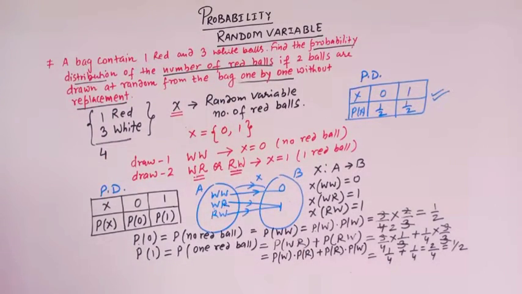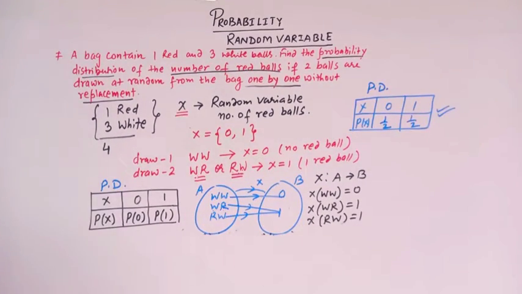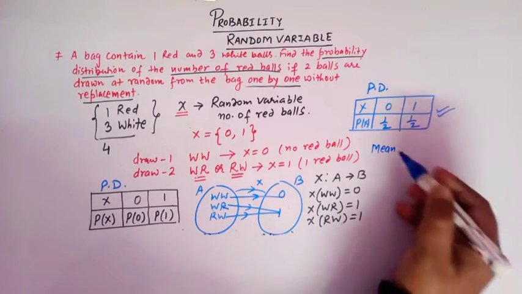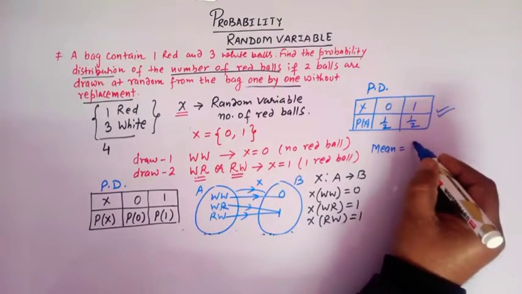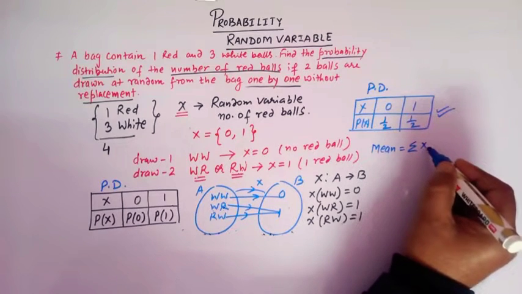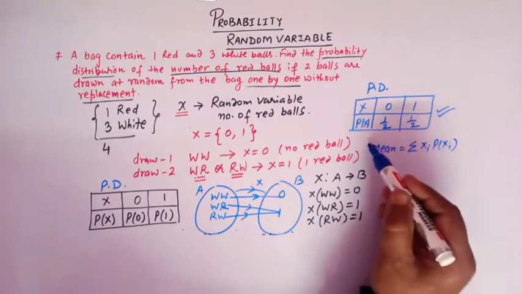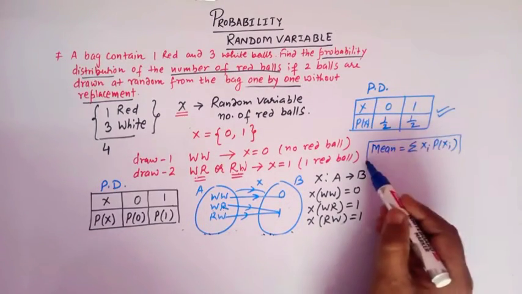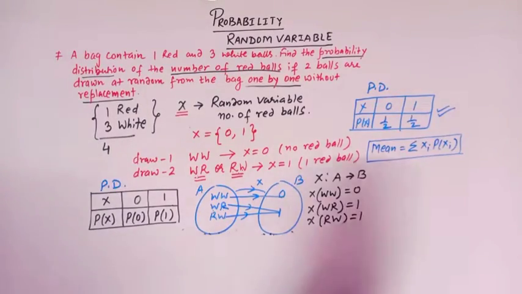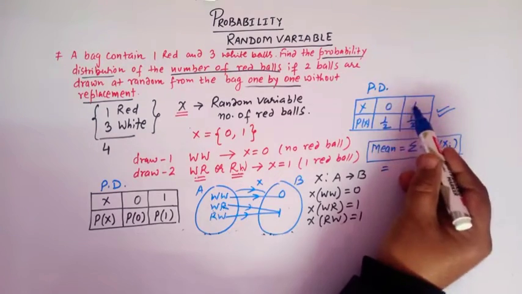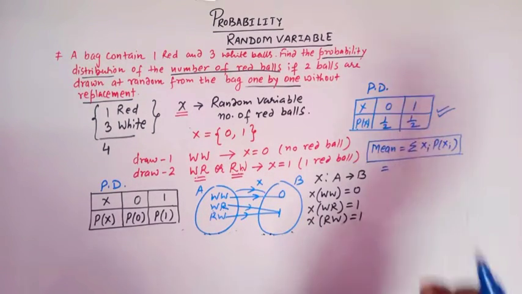Now let us find out the mean and variance of this probability distribution. The mean of this probability distribution is given by sigma of xi times P(xi), right? So this is the formula for obtaining the mean. Here the values of x are 0 and 1, and P(x) is half and half, right?